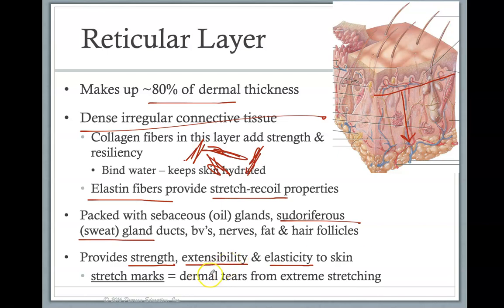Oftentimes, you can get what's called dermal tears, where literally the dermis gets a tear in it as that skin's stretched, and it creates what are called stretch marks. Now, these are different than if you had a cut through your skin into your dermis, right? Because that actually cuts through the epidermis. But these stretch marks are just dermal tears. They don't go all the way through the epidermis. They just go through the dermis.